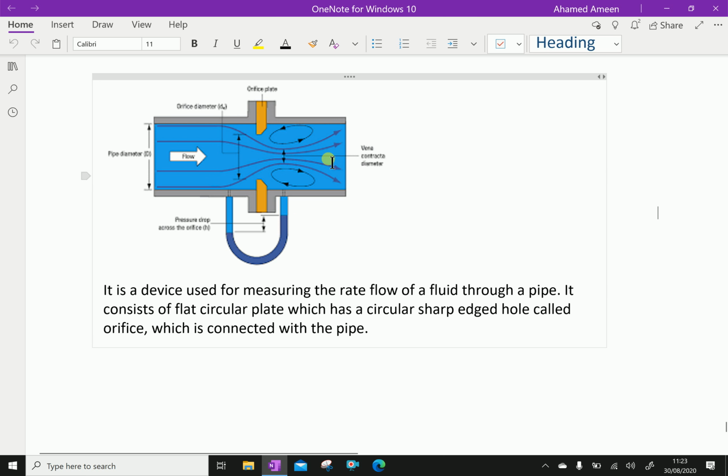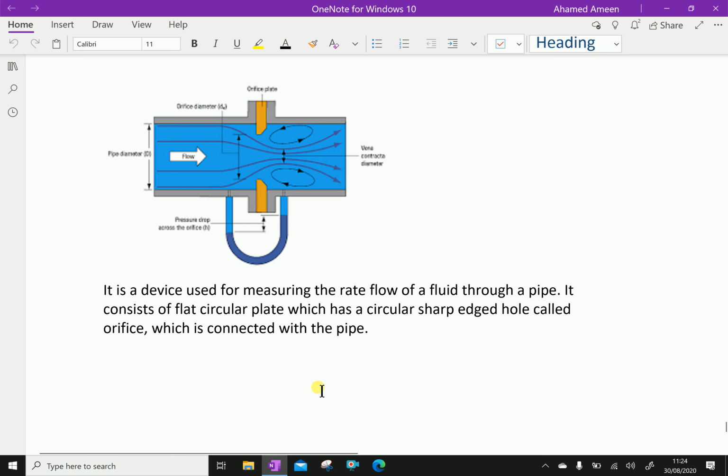This is called the vena contracta diameter, and here a differential U-tube manometer is connected between two places in the flow direction, and by measuring the differential height we can find the flow through the pipe by calculation.